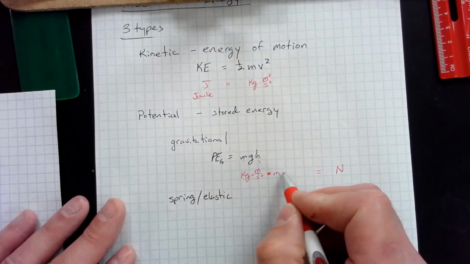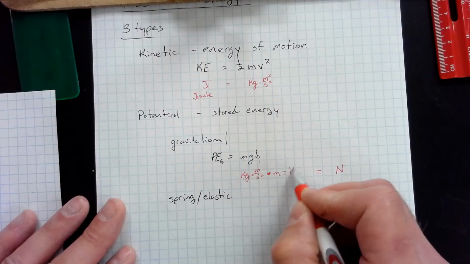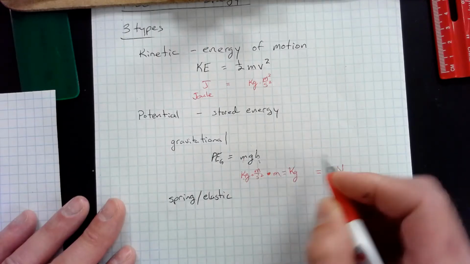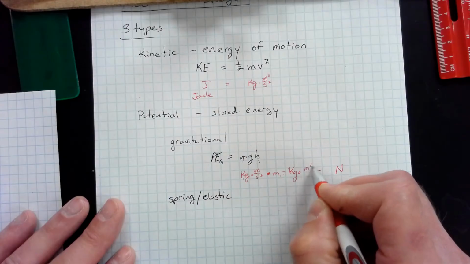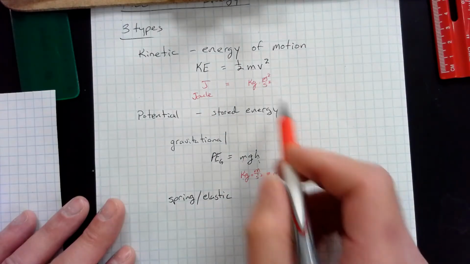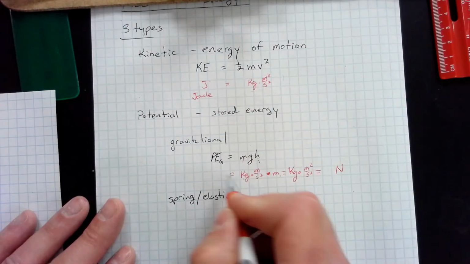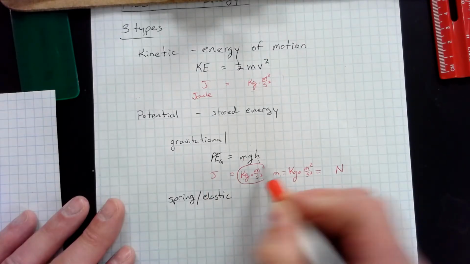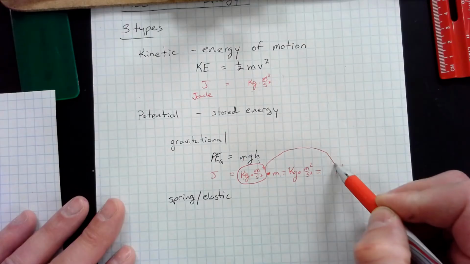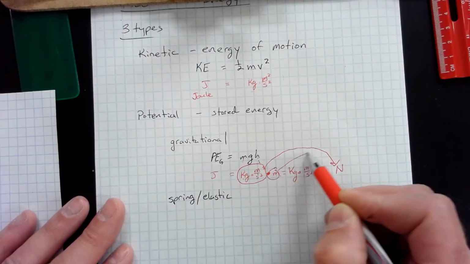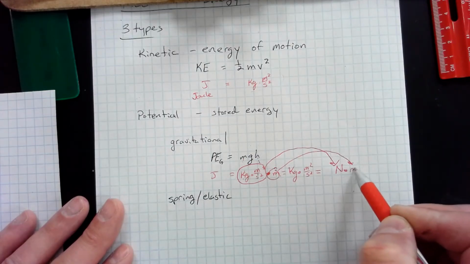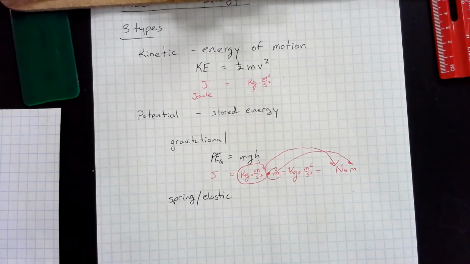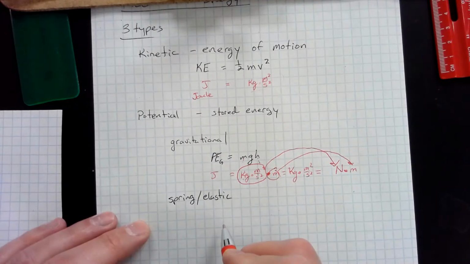This is going to equal a kilogram times a meter squared over a second squared, which is what we had over here, which shows that it is also a joule. Now let's do that extra jump here. That is a Newton, and then this is a times a meter, so it's a Newton times a meter as well, equals a joule.